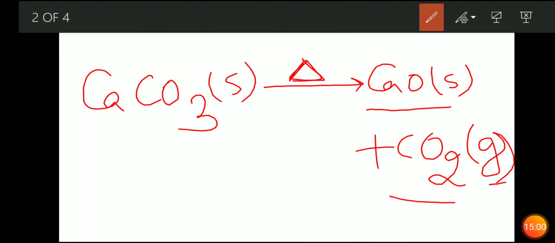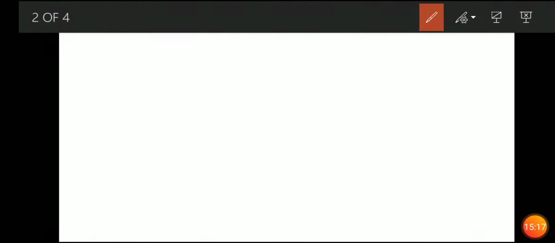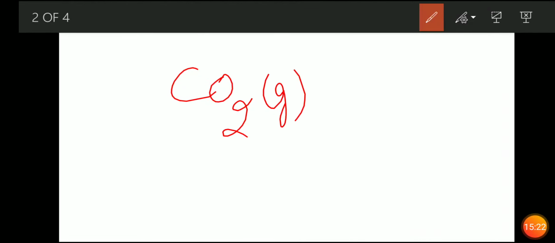We write G. When this gas is more, you will write an upward arrow sign, which means the gas is evolved. Whenever you make such a sign with a gas, that means the gas has evolved. Okay. Now if suppose CO2 gas is in less quantity, we will denote an arrow pointing downwards, which means gas has evolved but in less quantity. I hope this is clear to you.